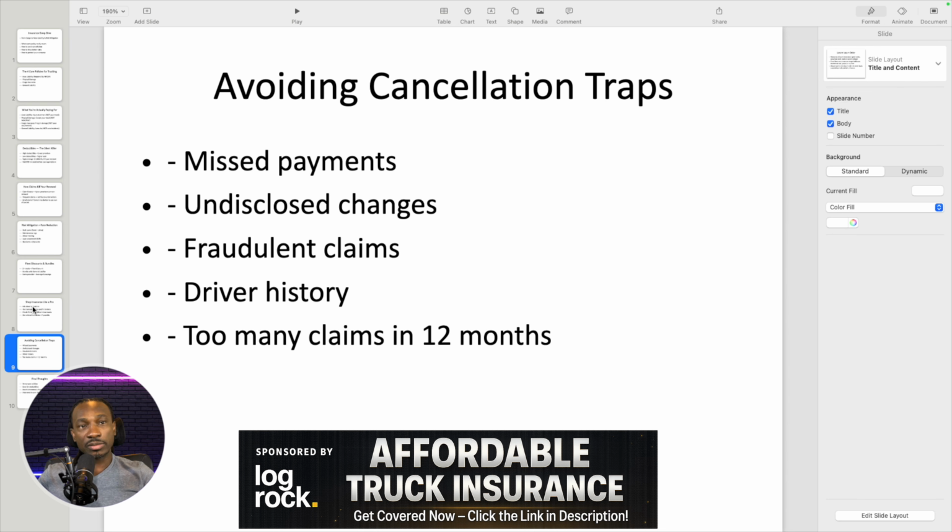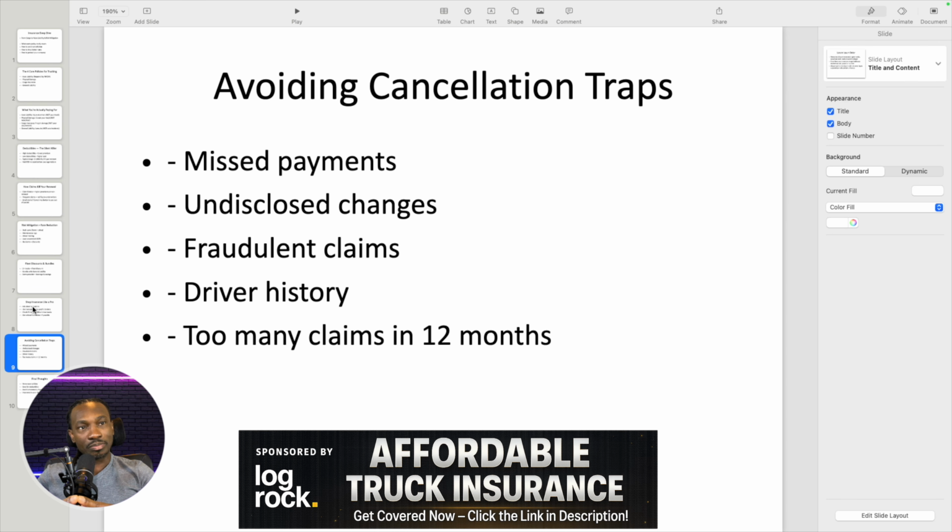And too many claims. All right. Obviously, the more claims that you have, the more liability, and insurance is a business, right? They want to make money off you, right? And I think that's what a lot of people forget. The less claims, the better. If you keep filing claims, now they're losing money on you, and it doesn't make good business for them any longer.